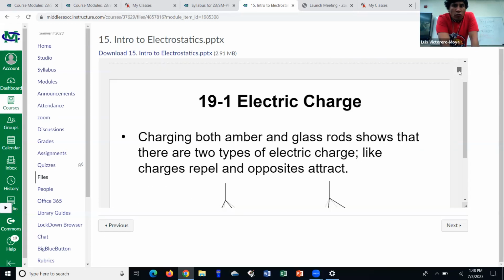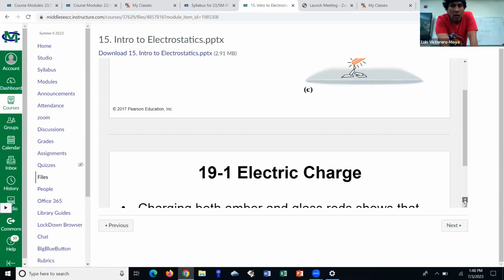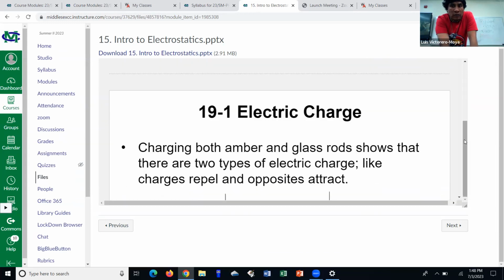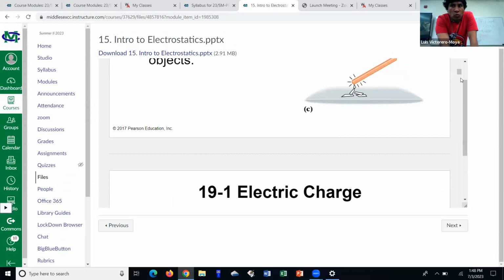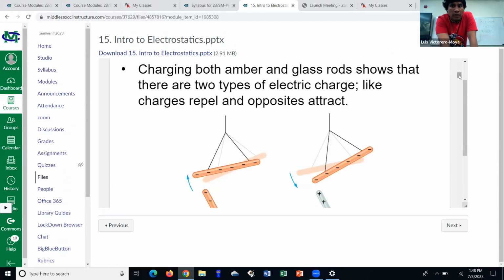So what you should know from physics and chemistry is that the atom has a nucleus that has protons and neutrons, which is why it's the densest part of the atom. And then you have electrons sort of like orbiting the nucleus of the atom.